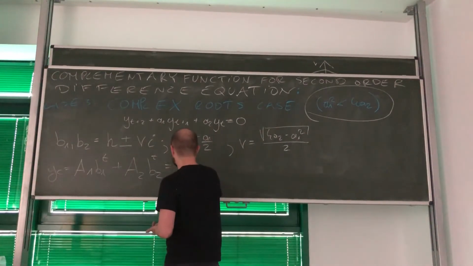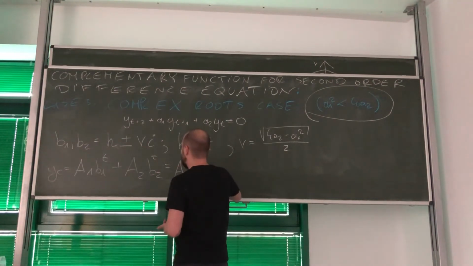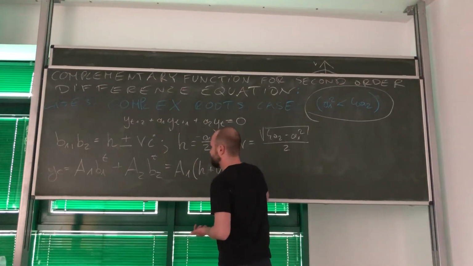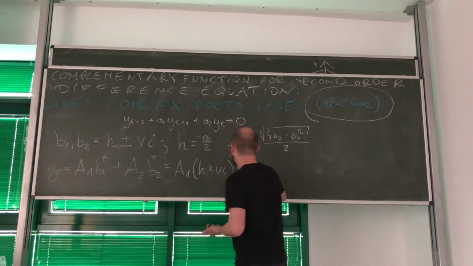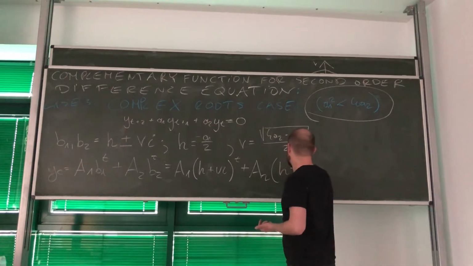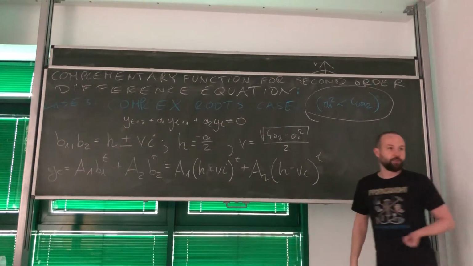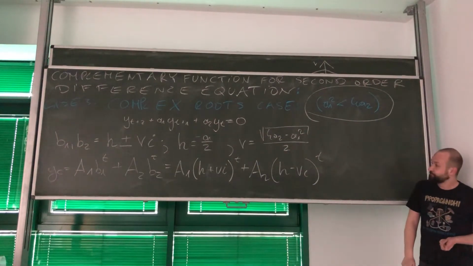So we've got that this is A1 (h plus v i) to the power of t plus A2 (h minus v i) to the power of t.